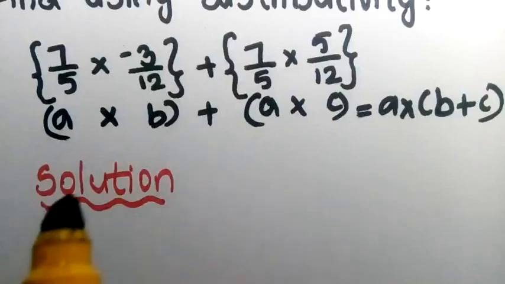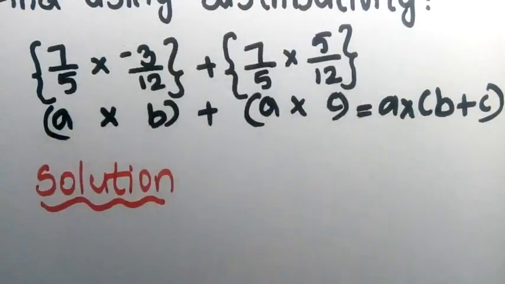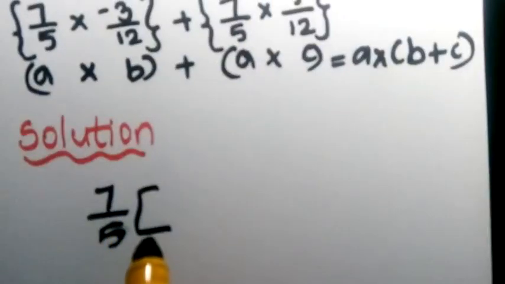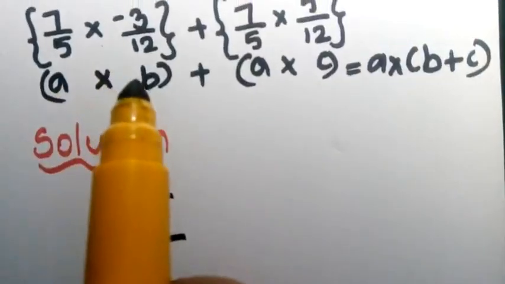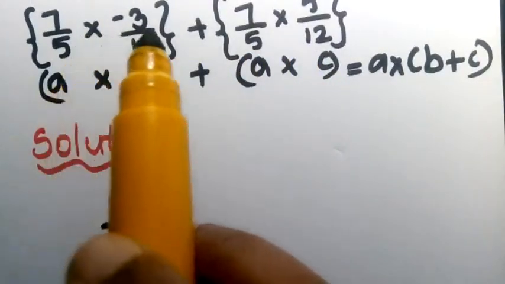So already we discussed, here we have a common term 7 by 5. So take 7 by 5 outside. Okay. So we took 7 by 5 from both of the terms. So minus 3 by 12 is left in this term.